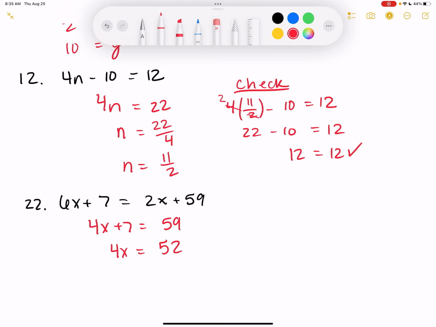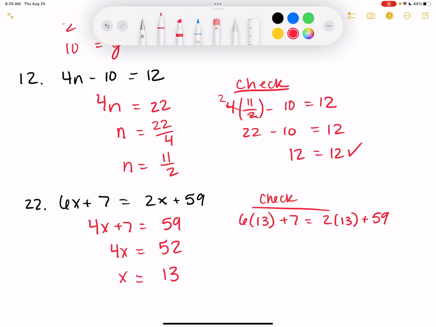And then what? And let's see, is that 13, I think? So then we still check it, plug it back in. And again, we're going to leave stuff on the side that they're on. So 6 times 13 plus 7 equals 2 times 13 plus 59.